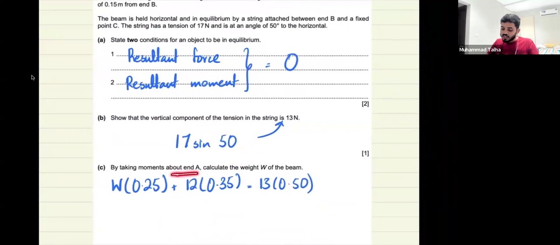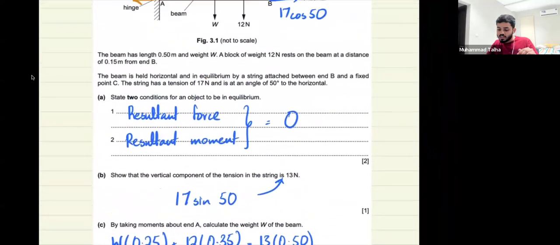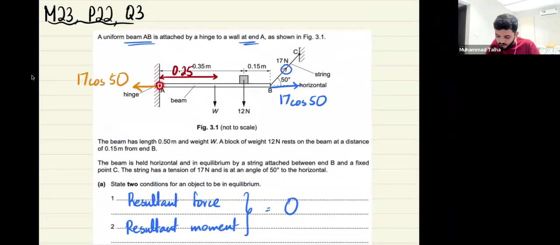The first one, it did tell us to take moments about end A and calculate the weight. Now, because this was in equilibrium, we use this idea that the resultant moment is zero, so clockwise equals anti-clockwise moment. And then to find this force, which the hinge exerts on the beam, I use the next condition, which is resultant force equals zero.